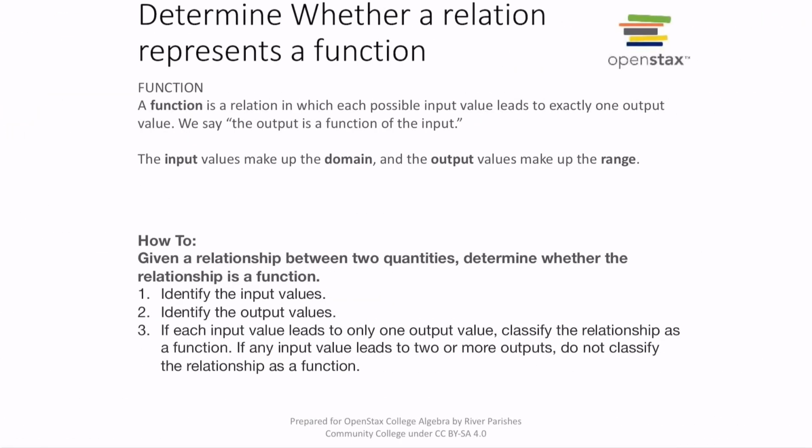A function is a relation in which each possible input value leads to exactly one output value. We say that the output is a function of the input. The input values always make up the domain. The output values always make up the range. For it to be called a function, all domain values must be utilized.